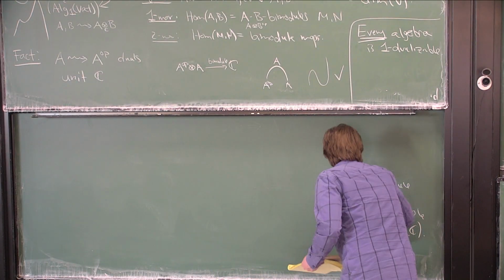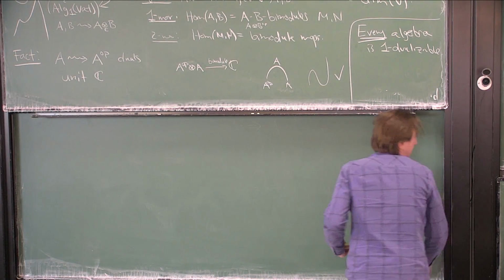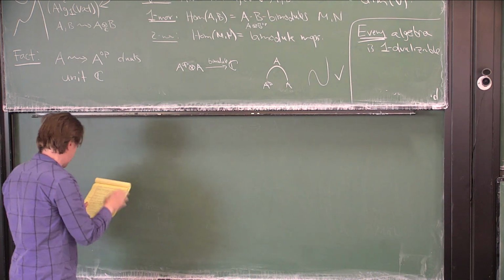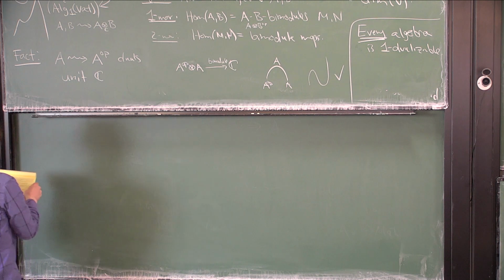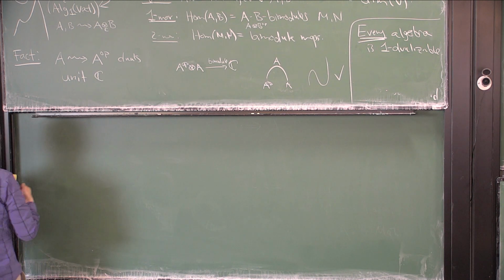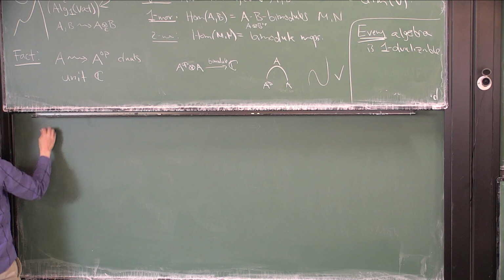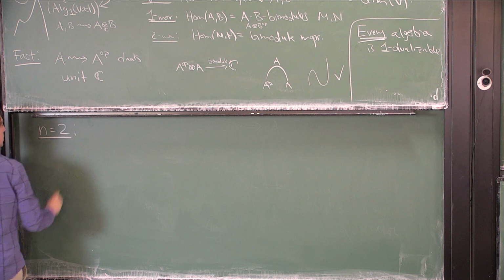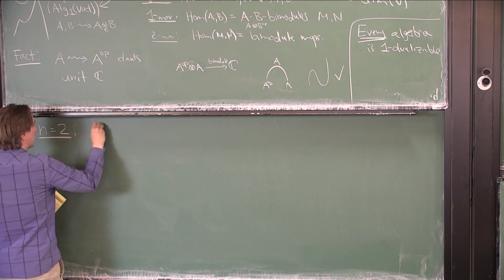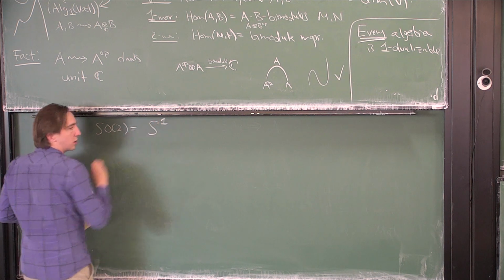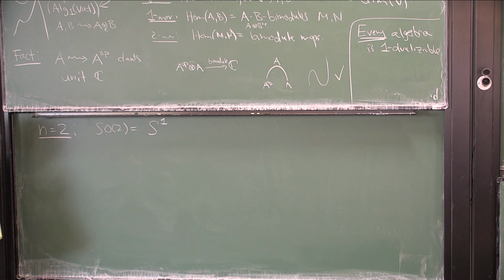So I wanted to do this aside right now because this is the one place where you can convincingly actually work this out, is in a two-dimensional case. So okay, here are some facts. Let n equal 2. Okay, so SO(2) is just the same as the circle S^1 as a topological group.